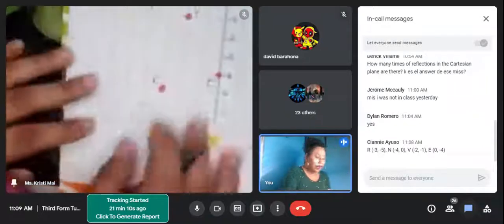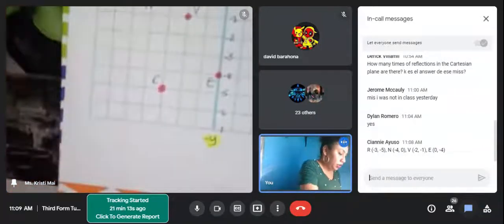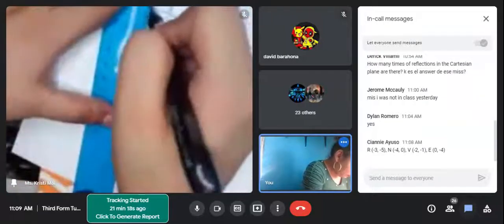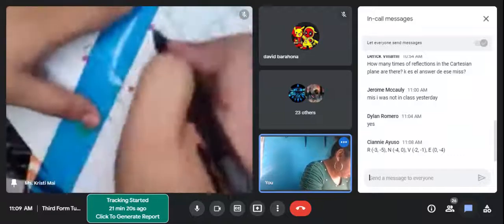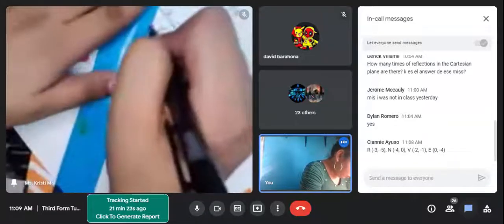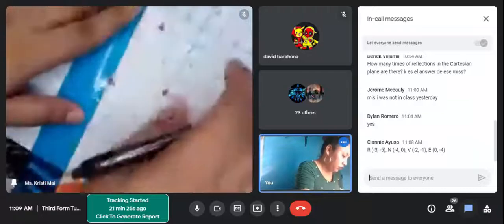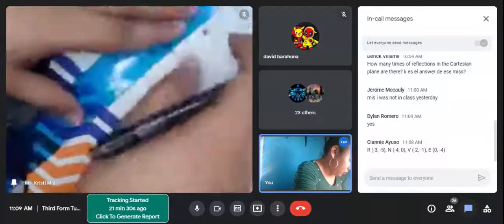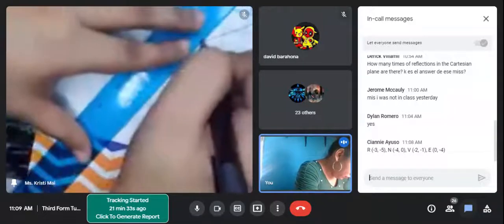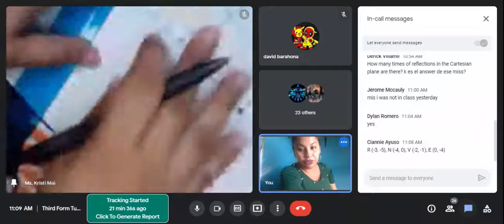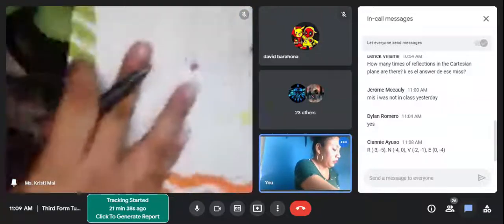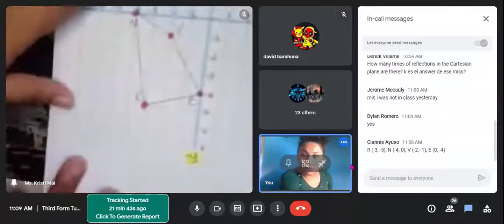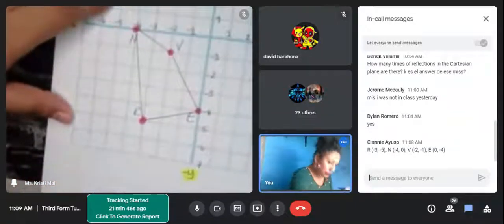Okay. So now this is the shape that they give you, right? I'm going to connect it just for you guys to be able to see what shape it is. Okay. So this is the shape. Everybody can see that.